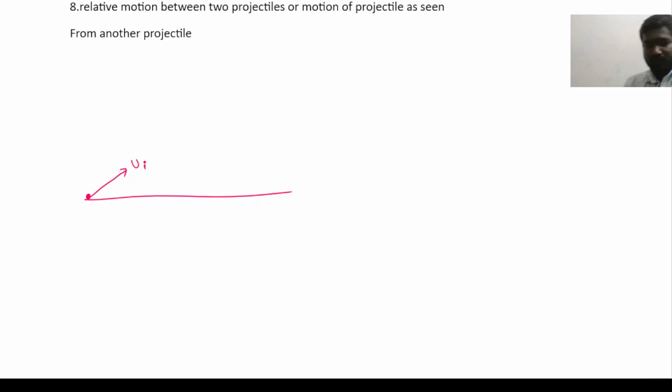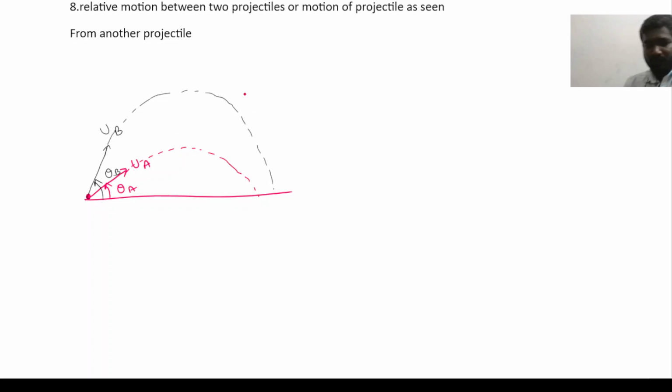One projectile is A, having initial velocity uA, and it makes an angle theta A with the horizontal. And one more projectile is B, projected in this direction with initial velocity uB and angle of projection theta B. Now this projectile will move in this direction and reach the ground, and the other projectile moves in this direction and reaches the ground.